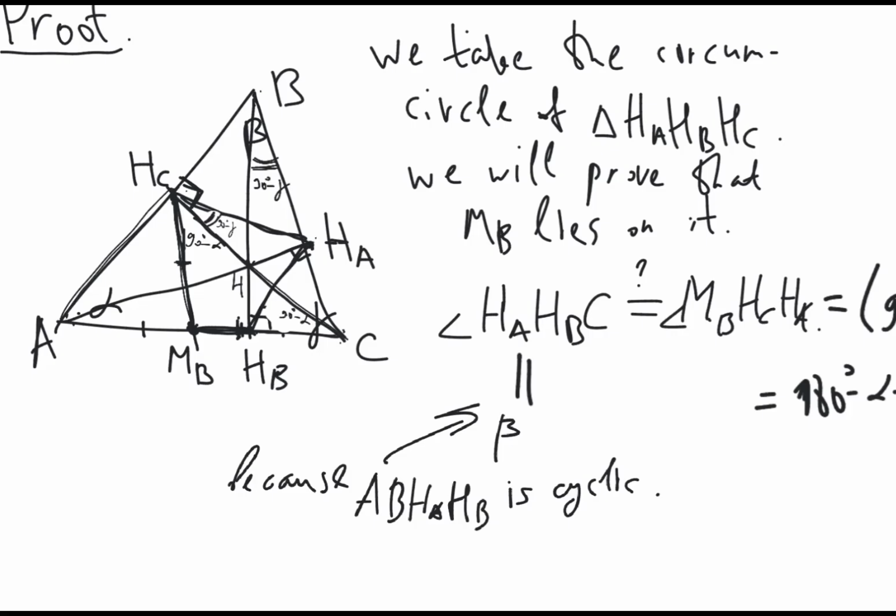They're both 90 degrees. So the external angle HAHBC at one vertex is equal to the internal angle at the opposite vertex, which is the angle B, which is just beta.